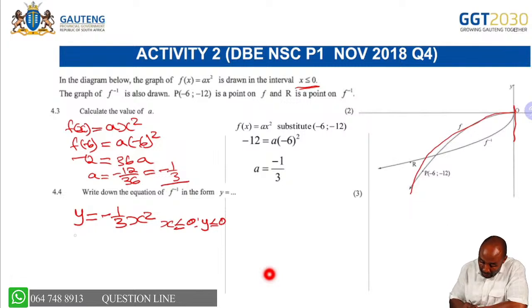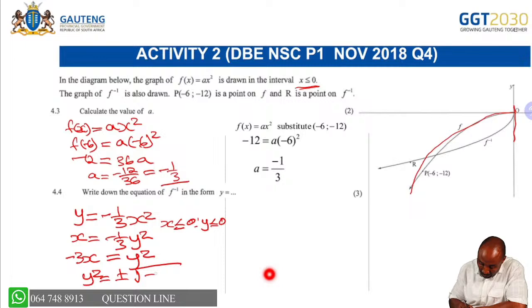We interchange x and y, and we get x is equal to negative 1 over 3 y squared. We divide both sides by negative 1 over 3, and we get negative 3x is equal to y squared, so y is equal to plus or minus the square root of negative 3x.